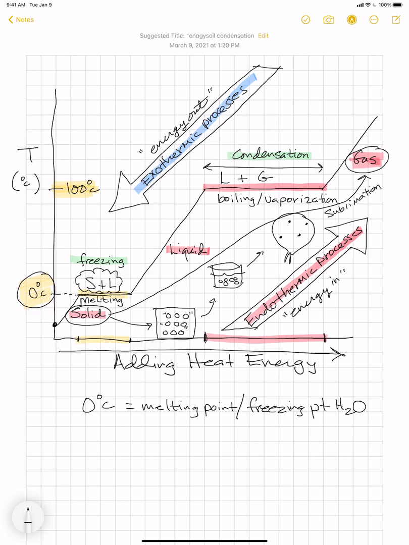The compounds that do that are almost completely nonpolar. They don't want to be a liquid at all, okay? So sublimation, and then in the reverse direction, a gas directly to a solid. Here it is. Oh, I just kind of made a mess there. This is called deposition.